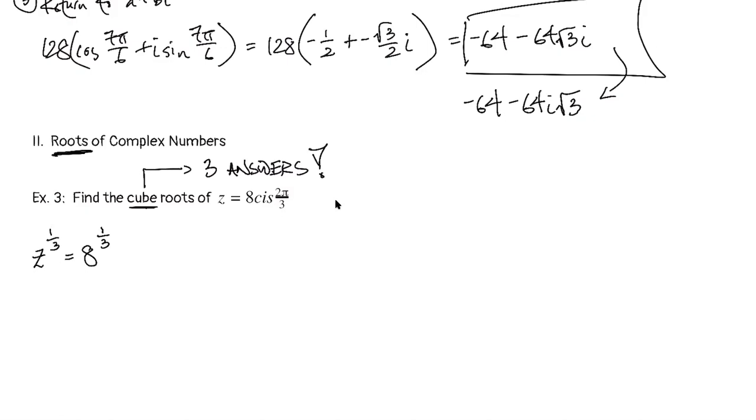So if it is a cube root, then I'm going to raise it to the 1/3 power. If it is a square root, I will raise it to the 1/2 power, okay? And then my cis, thoughts on what we're going to do with that 3? Any ideas? Multiplication. We think multiplication. Anyone else got an idea?